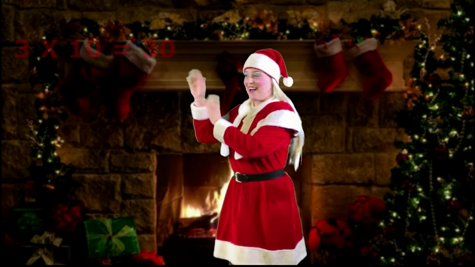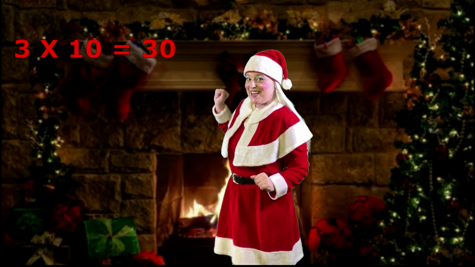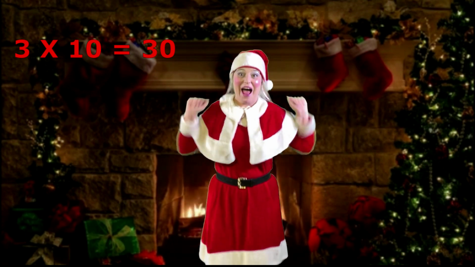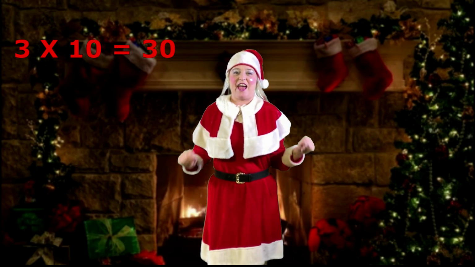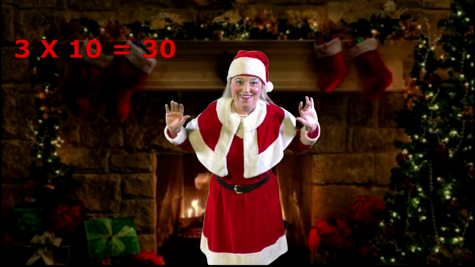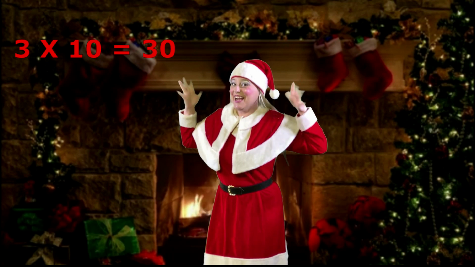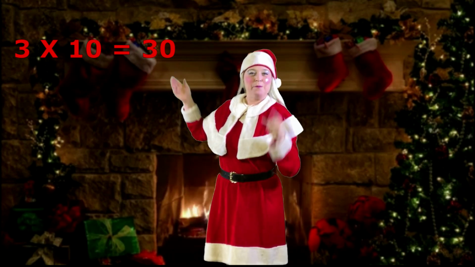Okay, my elves, take a look at this. If this is a multiplication fact, say jingle bells. If it is a division fact, say ho, ho, ho. Excellent. You all said jingle bells because this is a multiplication fact.